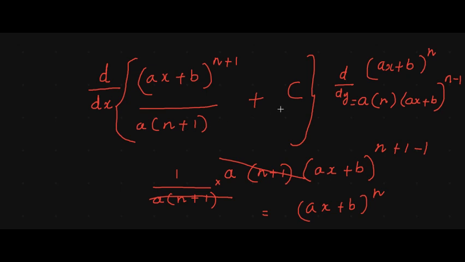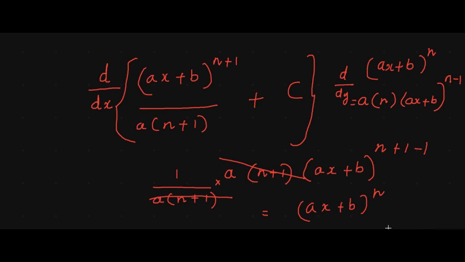It's as simple as that. This is the simple chain rule, and you will get problems of the form, find the antiderivative of something x plus some other constant to the power of n, then you will apply this formula. Okay, that's great. I did that in 13 minutes.